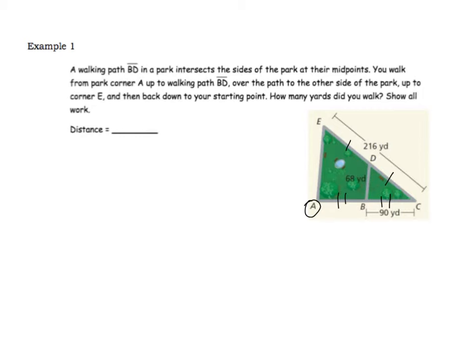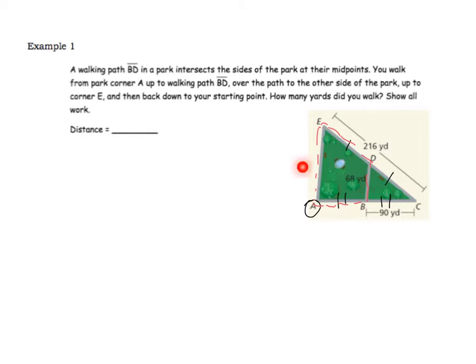We start at A, and we go to path BD. We take it across. We go back down to corner E, and then we go back to where we started. How many yards did you walk? Show all your work. All right, so a few pieces of information that we need to figure out here.